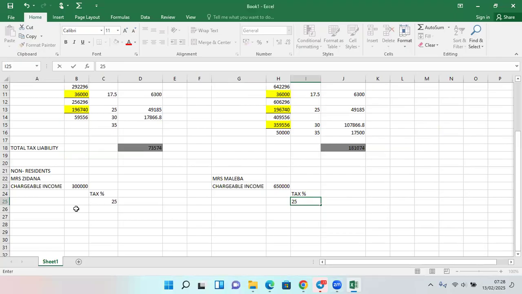So let's calculate 25% of it, equal to 0.25 times.